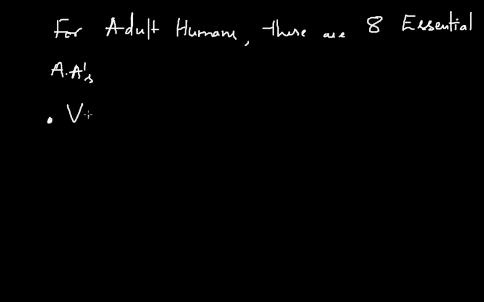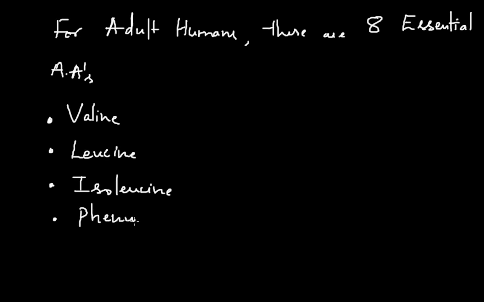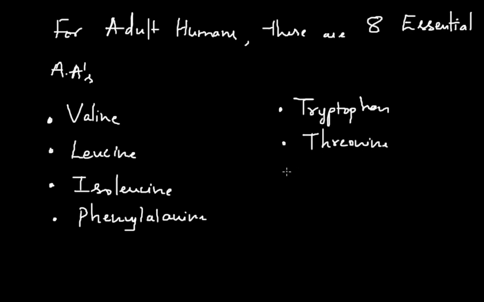Those 8 are valine, leucine, isoleucine, phenylalanine, tryptophan, threonine, methionine, and lysine. So these are your 8 essential amino acids.